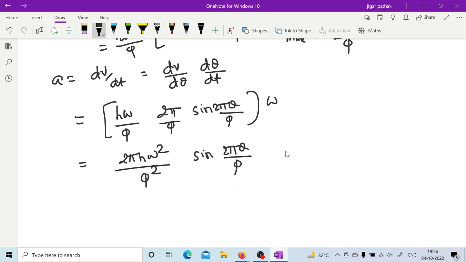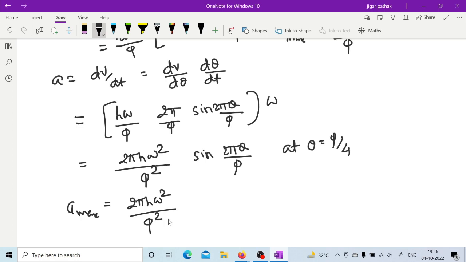So now here in case of this cycloidal motion at theta is equal to phi by 4, you will have your maximum acceleration, right? Because at theta is equal to phi by 4, you will have sine pi by 2, and that is 1. So that is why it will be 2 pi h omega square upon phi square.